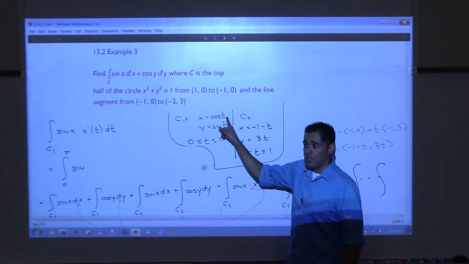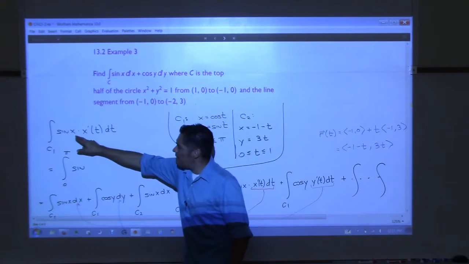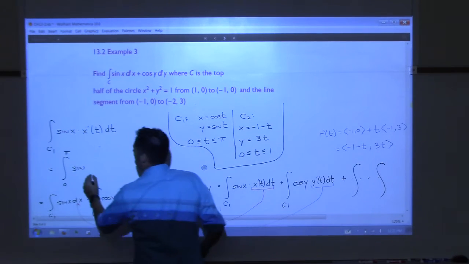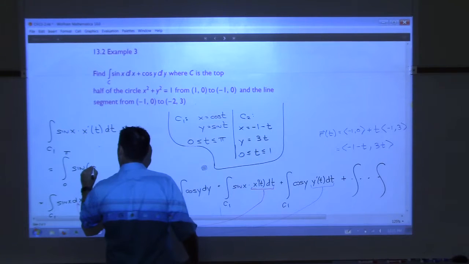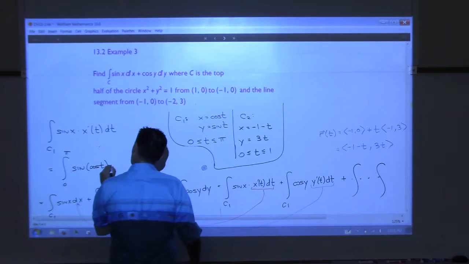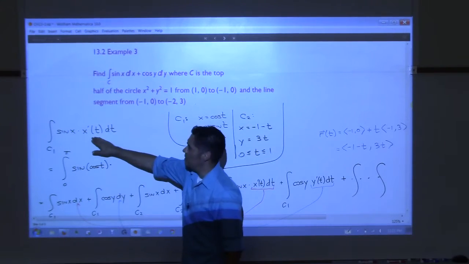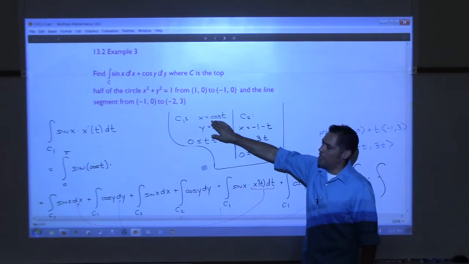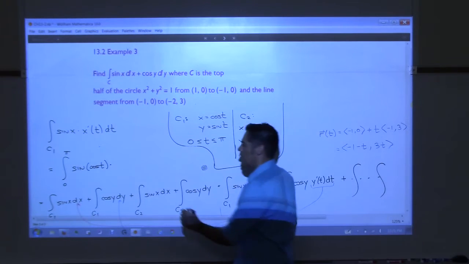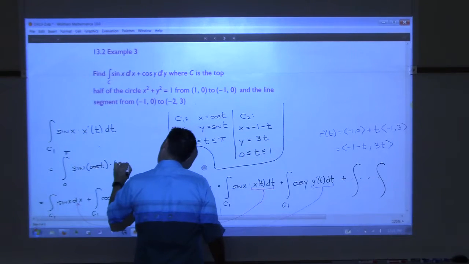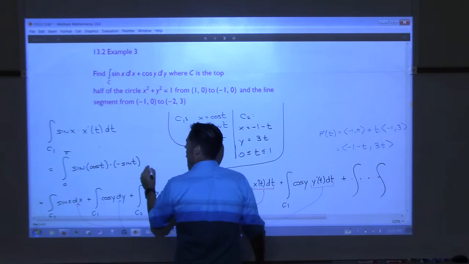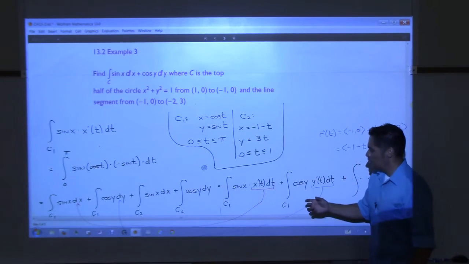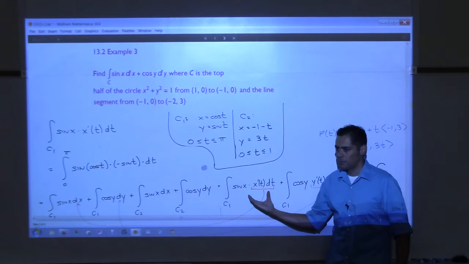X is cosine of t, right? So this is sine of x means sine of cosine, not sine times cosine. Sine of cosine t times now x prime of t. Derivative of x with respect to t is going to be negative sine t. So negative sine t. And then dt. That is just this one, right?